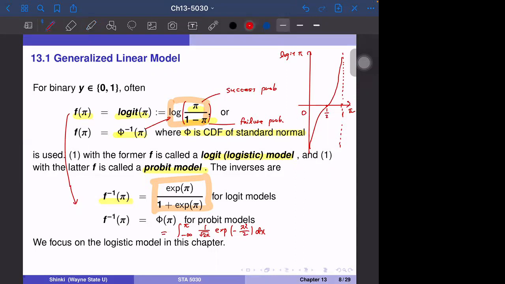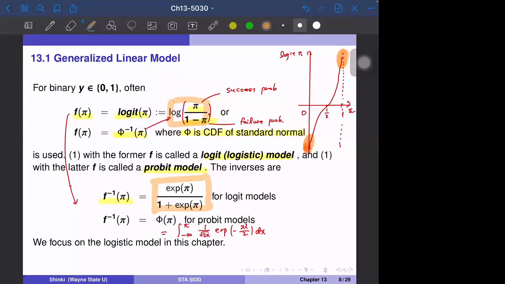That is because the tail probabilities are different between logistic and probit. For the logistic curve, the approach to 1 and 0 is slow, and for the probit model, the approach is faster.